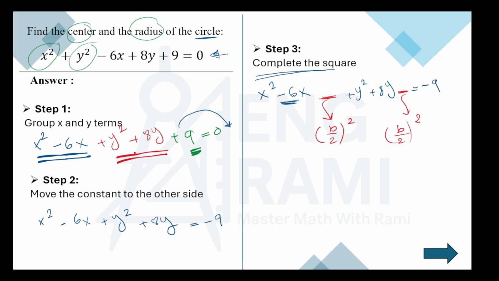You take the number and its sign, positive or negative. Then it is negative 6 over 2 squared, negative 3 squared, which equals 9.